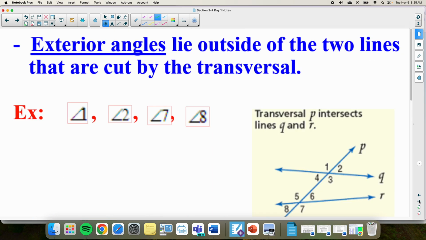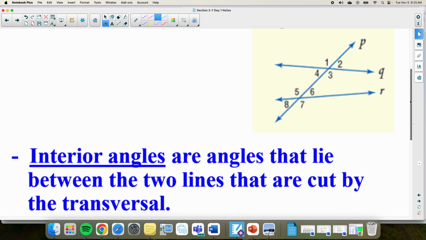So let's go to this page. These are not one of the 4. They're just going to help you understand the difference between exterior and interior here. So again, one thing to really keep in mind today is when you're doing these pairs, one's going to come from this upper group of 4, one's going to come from the bottom group of 4. Now, what they're saying here is exterior angles. Exterior means outside.